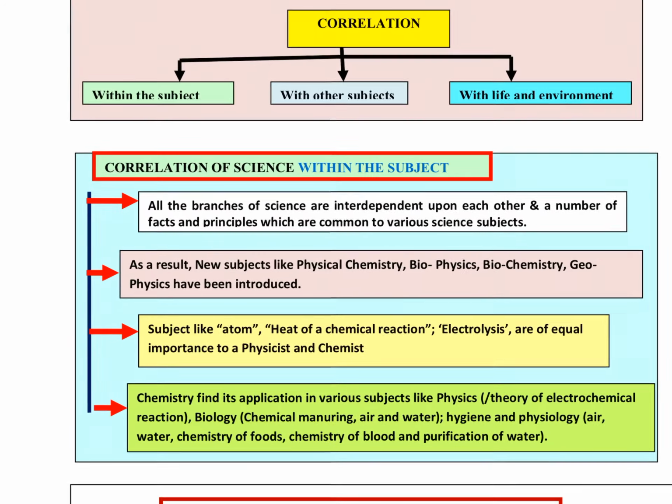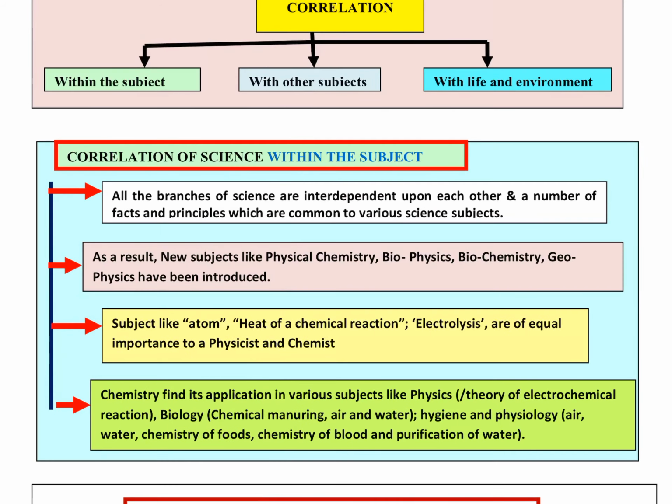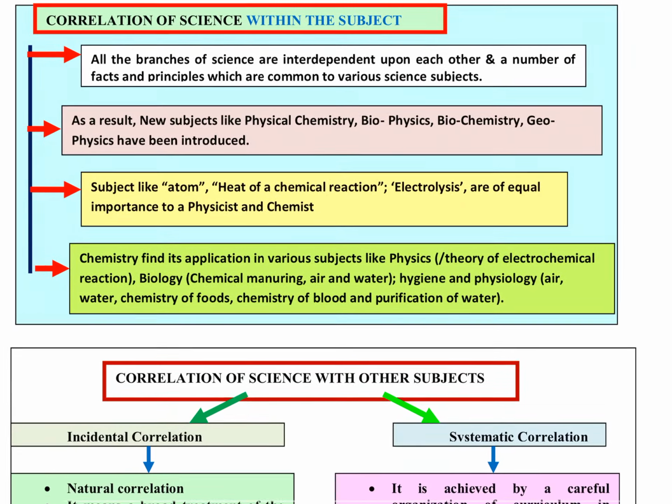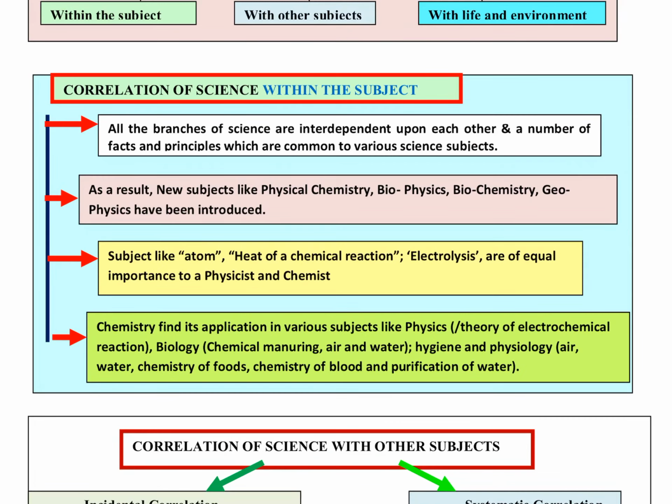And in this diagram you can see correlation of science with the subject. All the branches of science are interdependent upon each other, and there are a number of facts and principles which are common to various science subjects. We can understand this with examples, and some examples we'll be giving after some time.